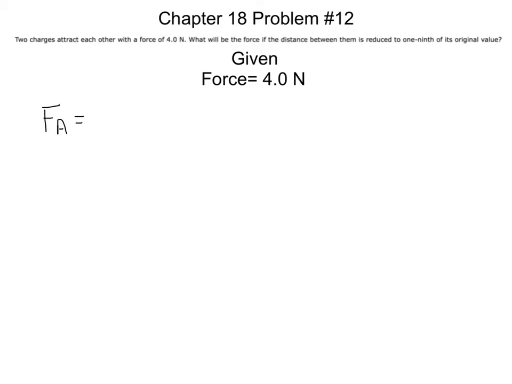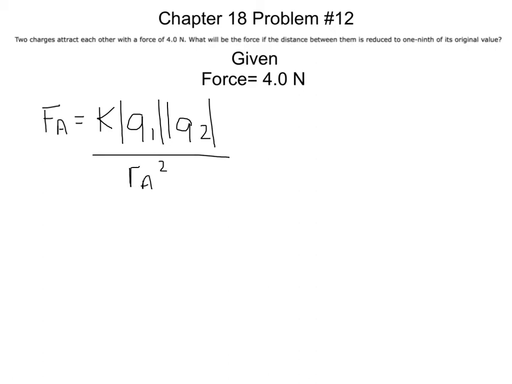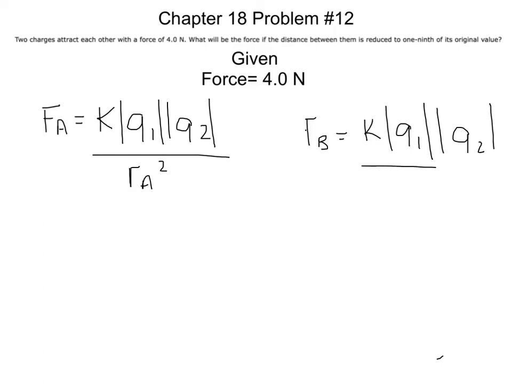So this is the equation for FA, which is K Q1 times Q2 all over RA squared, and FB is equal to K times Q1 times Q2 all over RB squared.